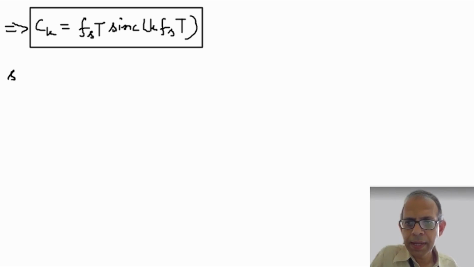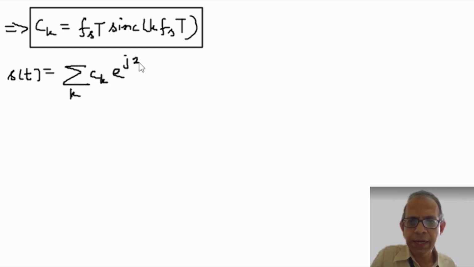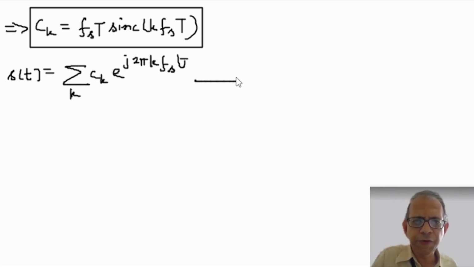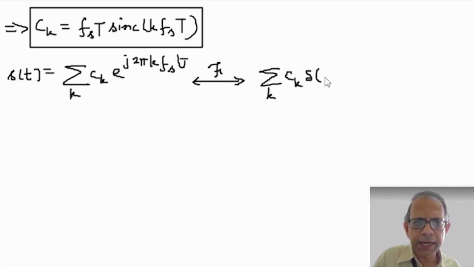Now our pulse train s of t, which in the form of a Fourier series we denoted as the sum over k of ck e to the power j 2 pi k fs t, has a Fourier transform that's very easy to obtain using the linearity and time shifting properties of Fourier transform, as the summation over all k of ck delta(f minus k fs).